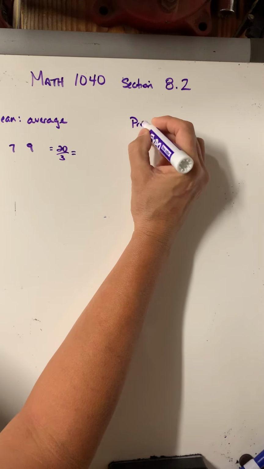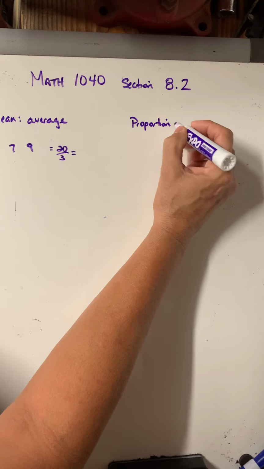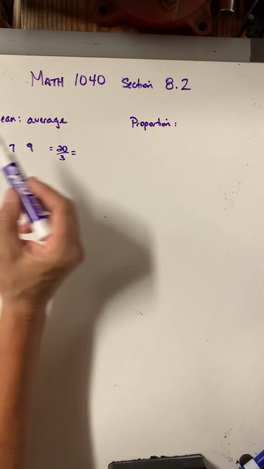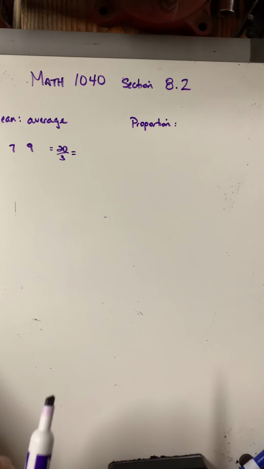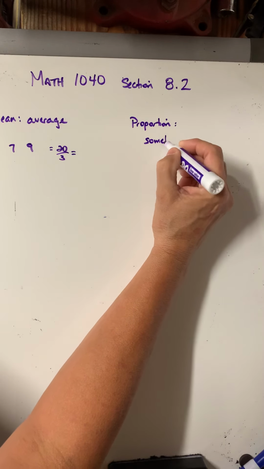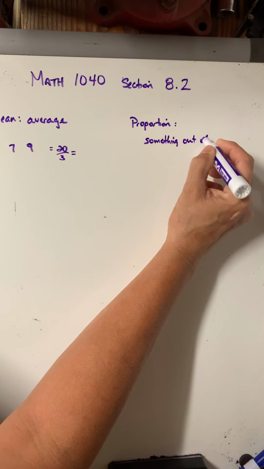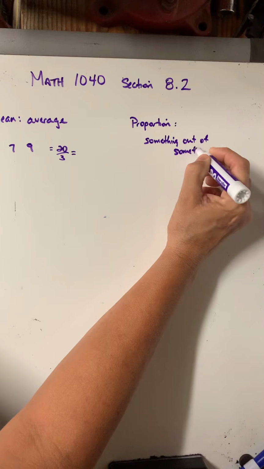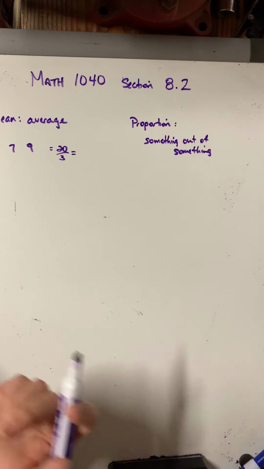Now, what's a proportion? It's not difficult what a proportion is, but it's important to start thinking about how these two are different so that you can orient your brain to what the question is asking. So proportion has to do with something out of something, right? Like how many purple Skittles were in this bag that I opened up?